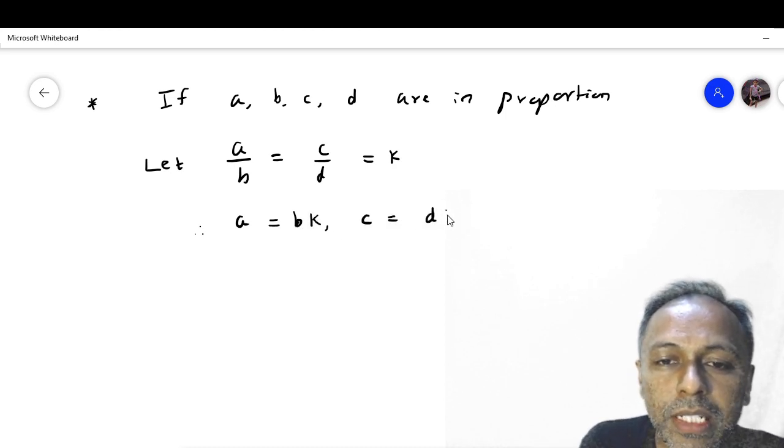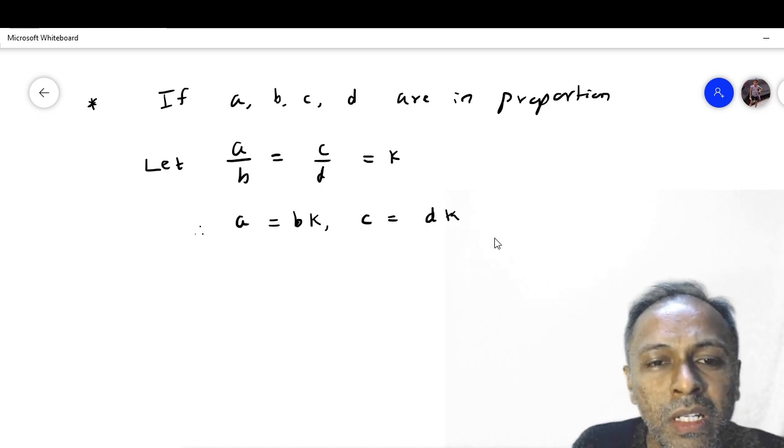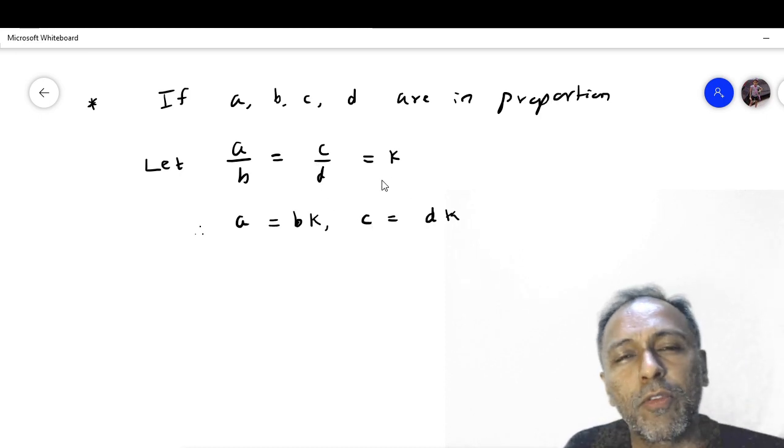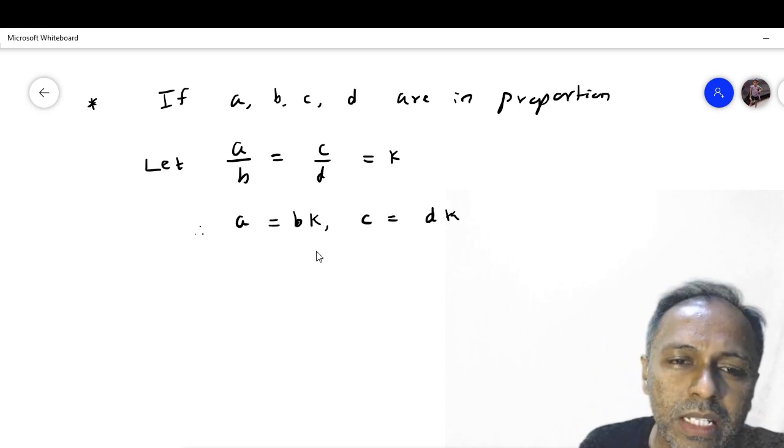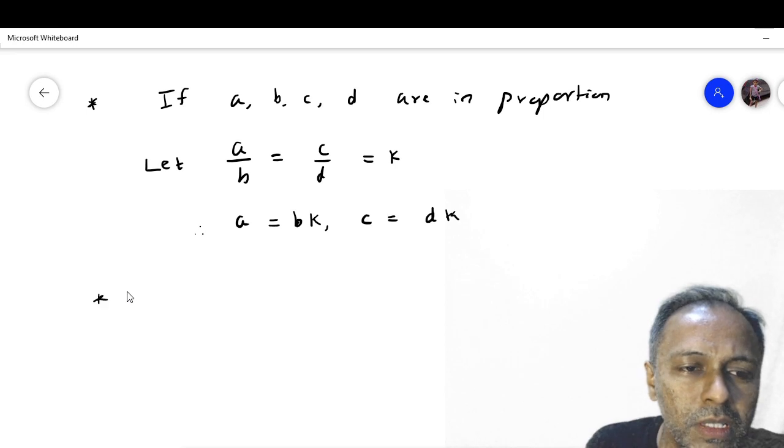At the same time you can write C is equal to DK if you cross multiply. So in some problems where you have to prove left hand side is equal to right hand side, we may use this. This is also called the K method.